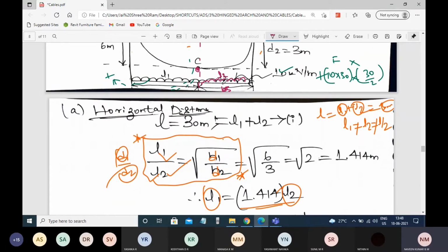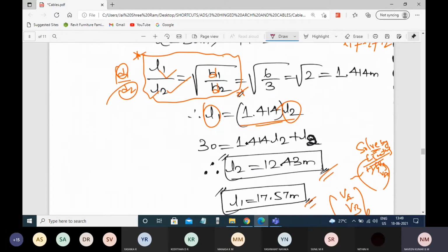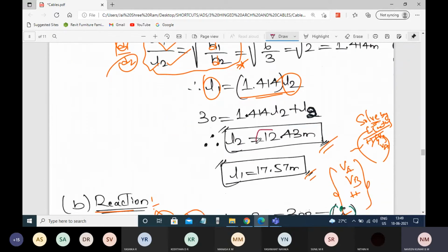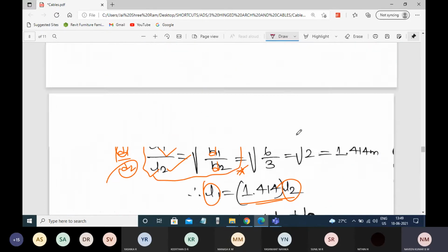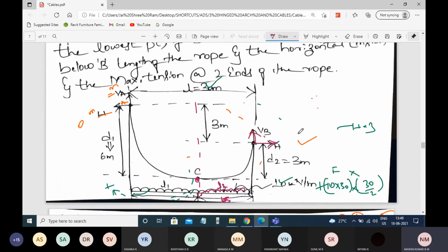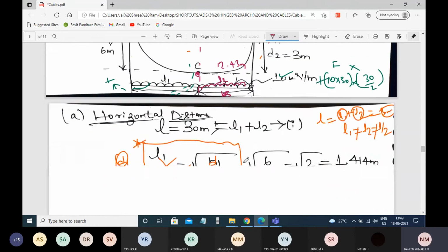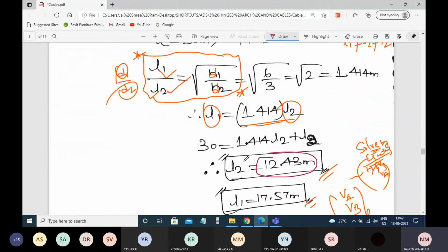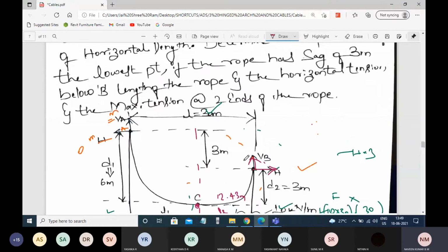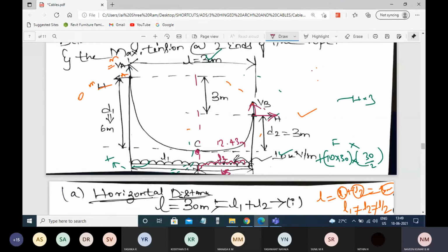If I consider it as 15, then it is wrong. The L2 value equals 12.43. That is the horizontal distance from C to support B, 12.43. Please understand, if I consider 15, then it is wrong.